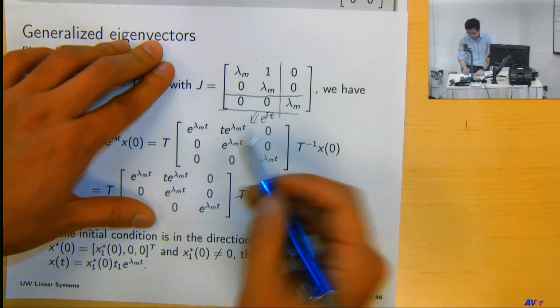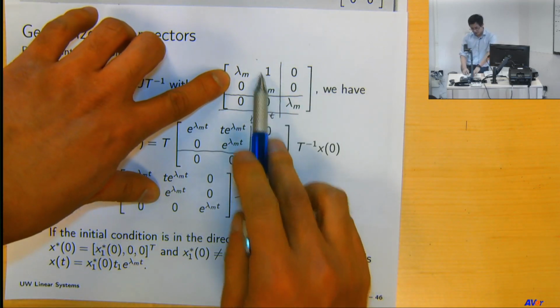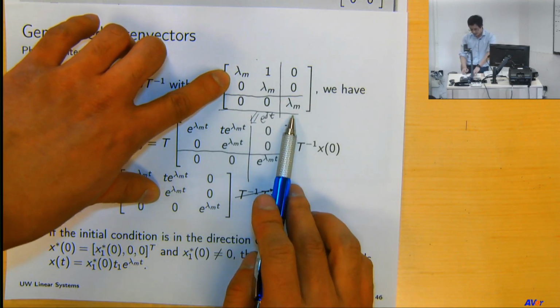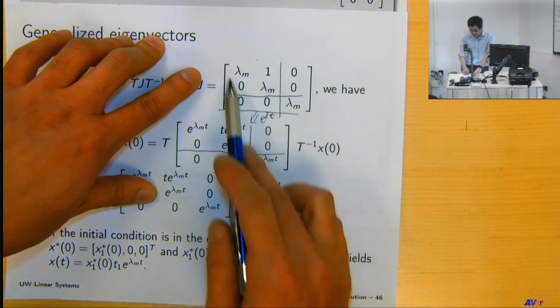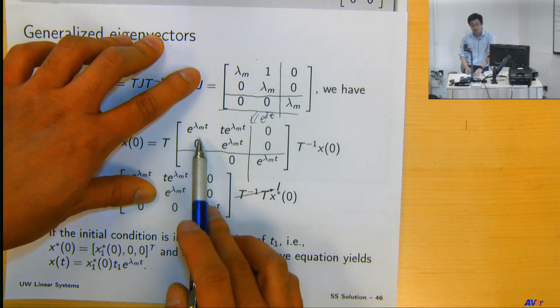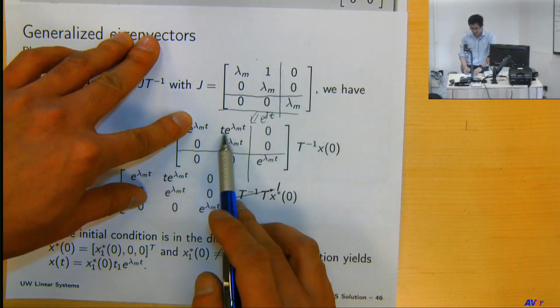And then you compute the exponential function of the two individual blocks, right? The exponential of this is e to the lambda_m t, and the exponential function of this block matrix is e to the lambda_m t, e to the lambda_m t, t times e to the lambda_m t.